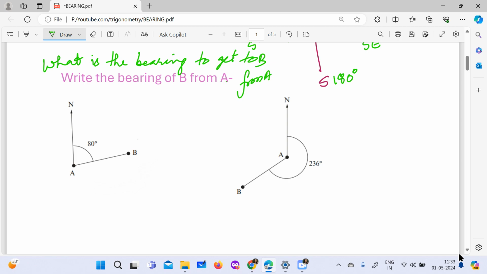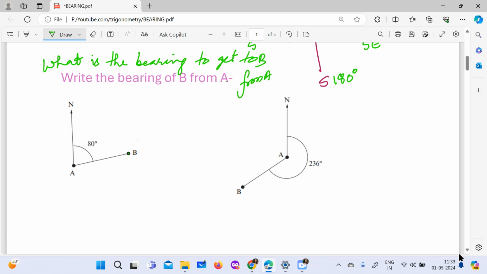Or, what is the bearing to reach B from A? And you know that bearing is nothing but the angle of movement, right? So from A, what is the bearing to reach B?